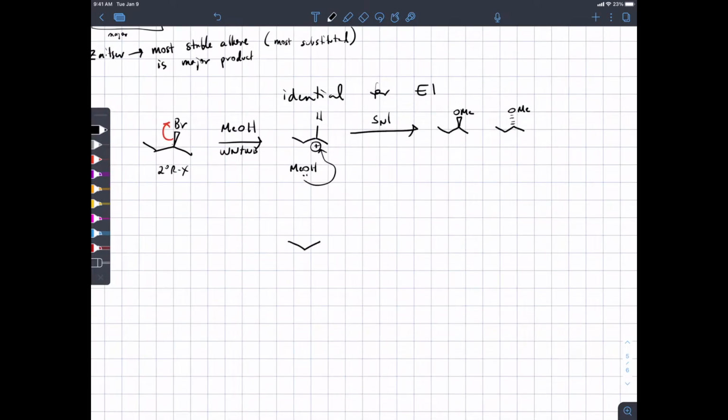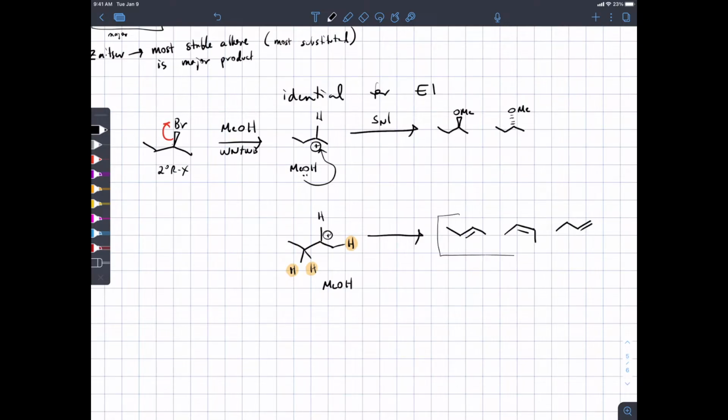But we now have a carbocation, and methanol is now a good enough base to remove any of the beta protons. And so we can get, again, all three of these products, stereoisomers and regioisomers.